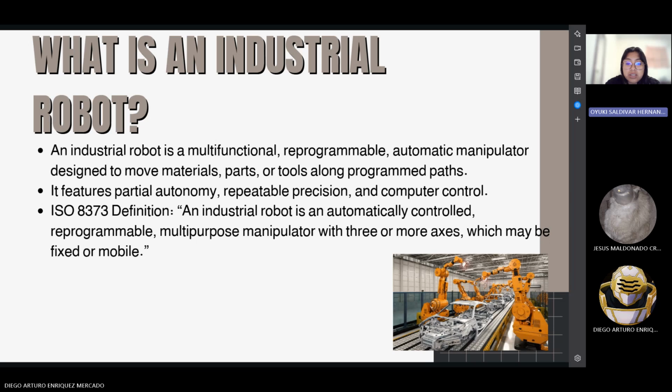According to ISO 10218, an industrial robot has three or more control axes and can be fixed or modified. In simple words, it is a programmable mechanism that works automatically.